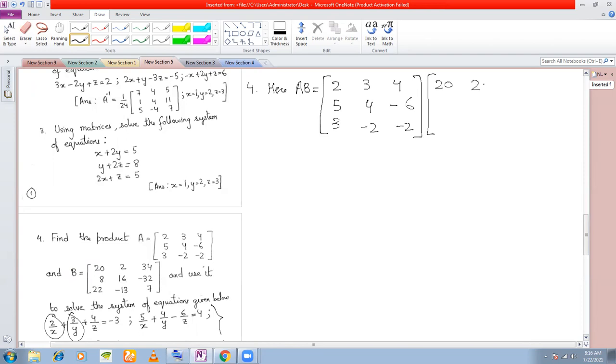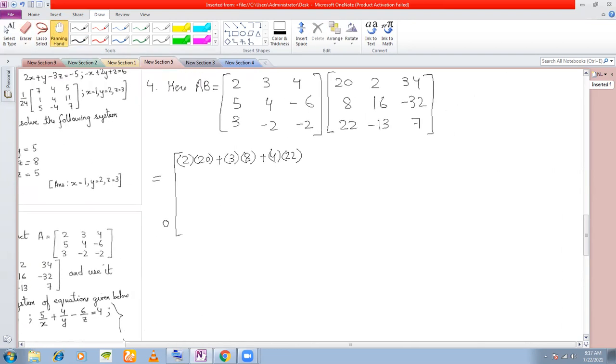B here is 20, 2, 34, 8, 16, minus 32, 22, minus 13, 7, which is equal to, multiply all this. 2 into 20, plus 3 into 8, plus 4 into 22, first row, first column.